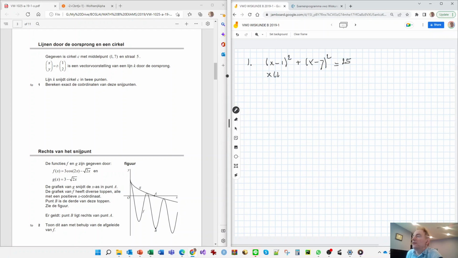So it's x of t is simply t, and y of t is simply 2t. And now they have to intersect, so we have to find for which t these x and y's are on the circle.